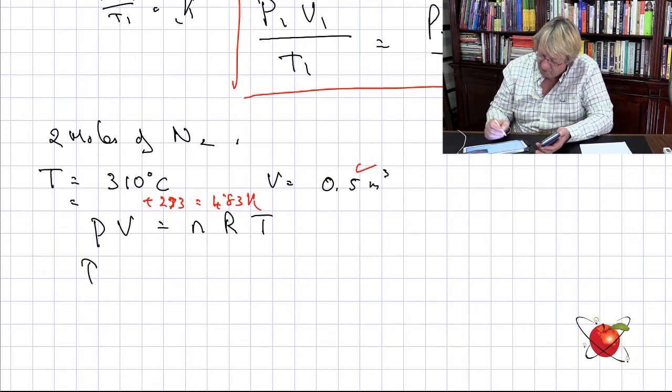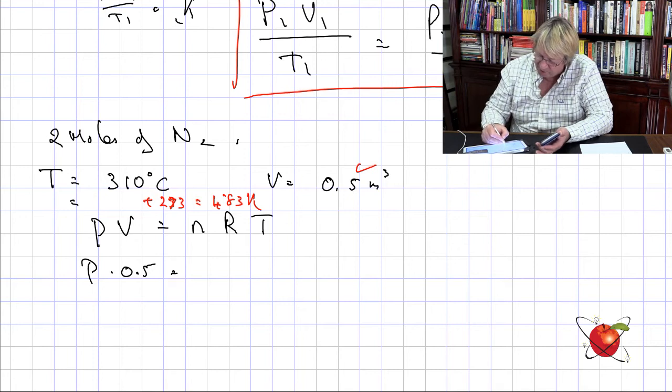Volume is in cubic meters, so PV, all right, let's put in what we know. P times volume 0.5 is equal to n, we've got 2 moles, times 8.31 times 483.